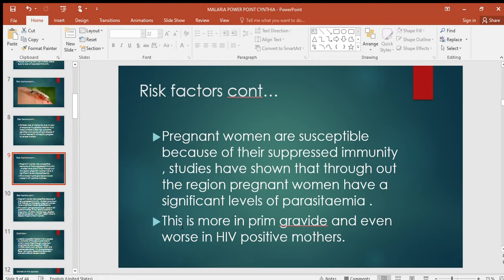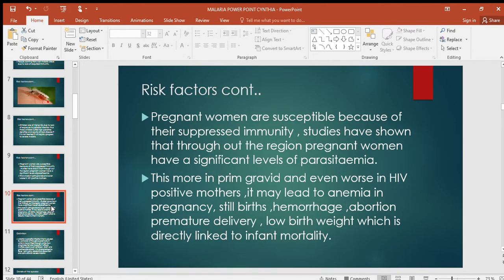It also becomes worse in pregnant women who are HIV positive because their immunity is already suppressed by the virus, and then the pregnancy suppresses their immunity further. So they are more at risk of developing even severe malaria.